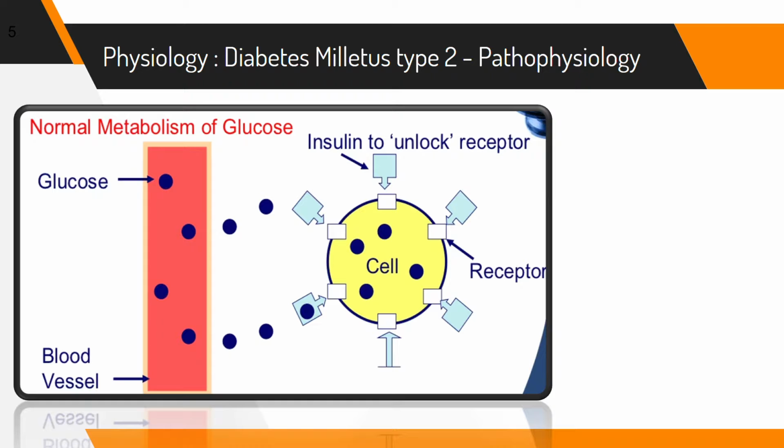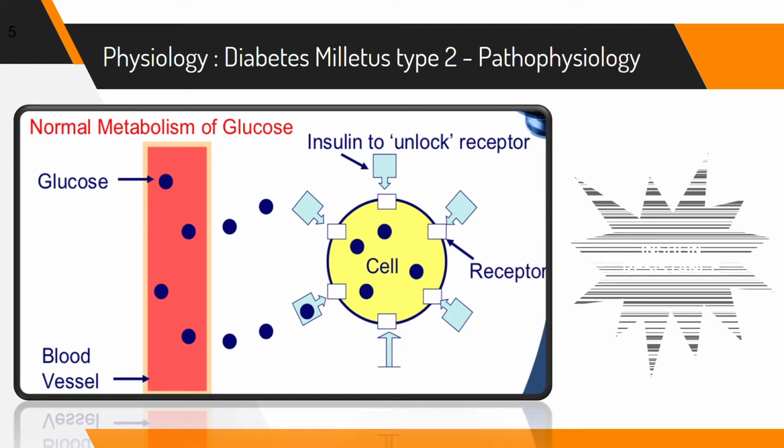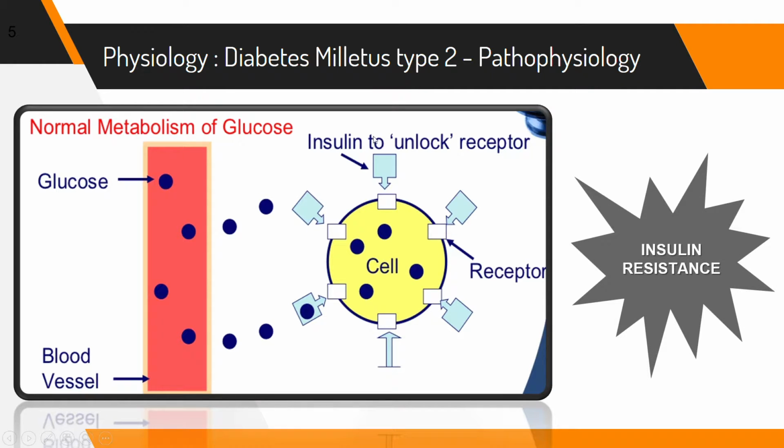The major theme of diabetes mellitus type 2 is insulin resistance, in which these receptors become resistant to the action of the insulin. Hence, glucose cannot enter the cell and returns back to the bloodstream, resulting in persistent hyperglycemia among type 2 diabetic patients.